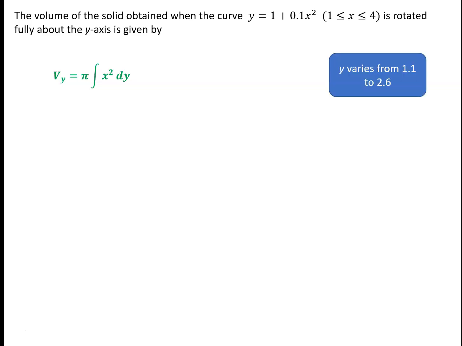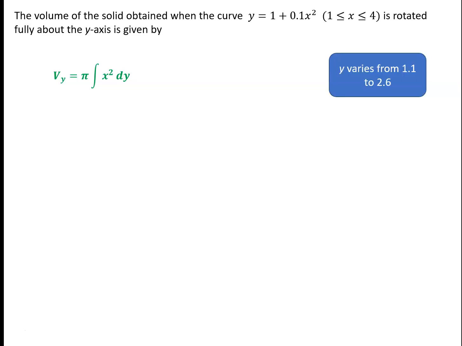So let's see this in practice and calculate the volume of the solid obtained when the curve y equals 1 plus 0.1x squared for values of x between 1 and 4 is rotated fully about the y-axis. Well, we've got Vy is the integral of pi x squared dy. We're quite entitled to pull the pi outside the integral sign, so we can write it as pi times the integral of x squared dy. We need to think about the limits.